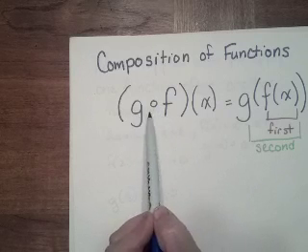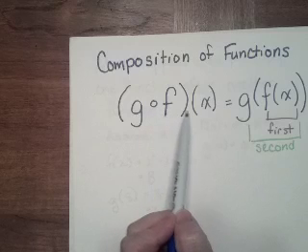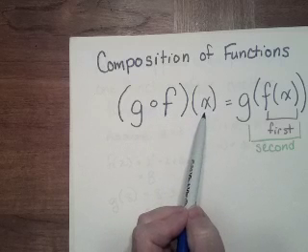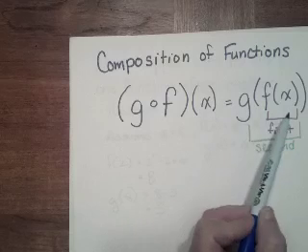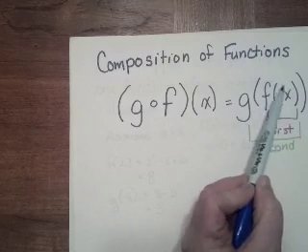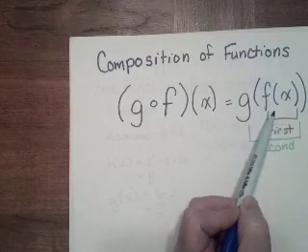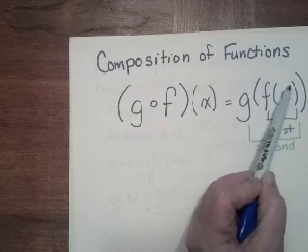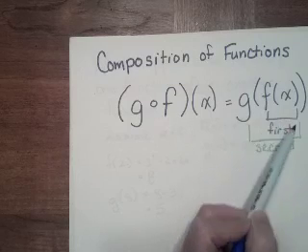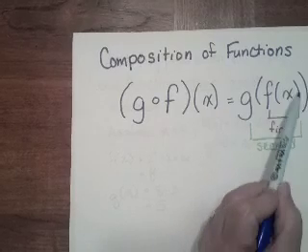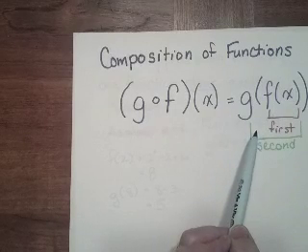G, the function g composed of the function f of x. And it just means that I'm going to do this first. It's like putting this into parentheses. I'm going to do f of x first, and then whatever I get for f of x, I'm then going to do the function g to it.